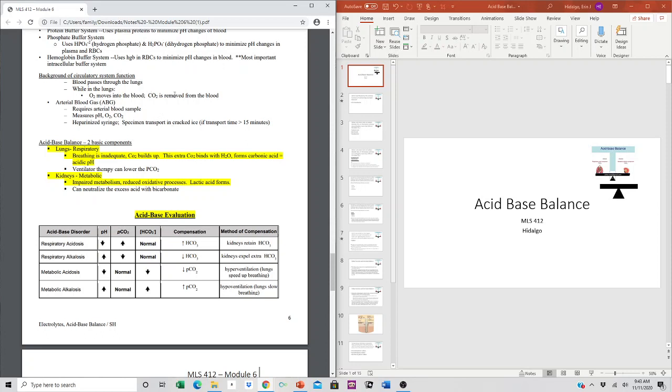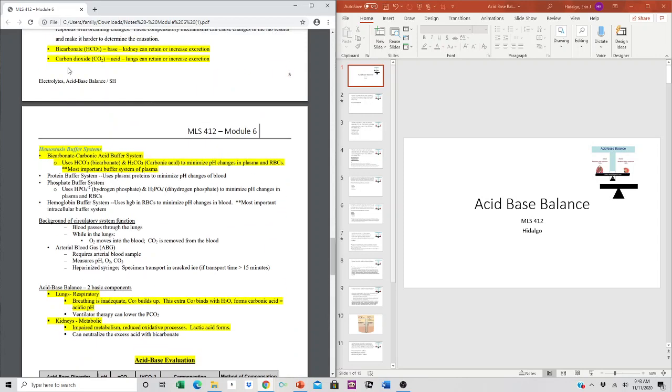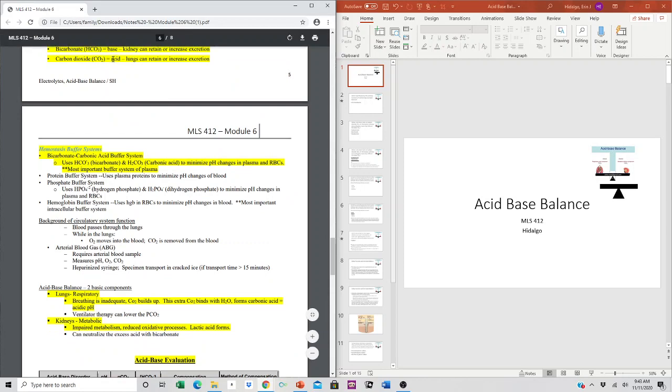Well, if CO2 is removed from the blood, then when we speed up breathing, we're increasing the amount of CO2 that we can remove from the blood. So if we are removing increased amounts of CO2, then we are removing increased amounts of the acid.